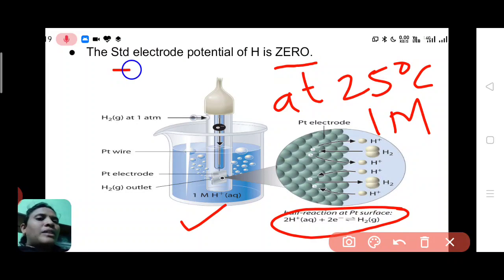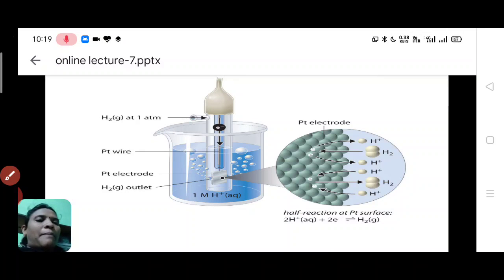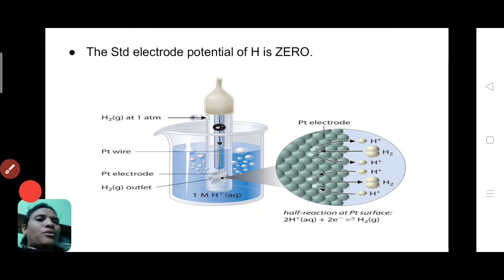And 0 is the standard electrode potential of the hydrogen cell. Okay, so remember, the standard hydrogen electrode potential is 0.